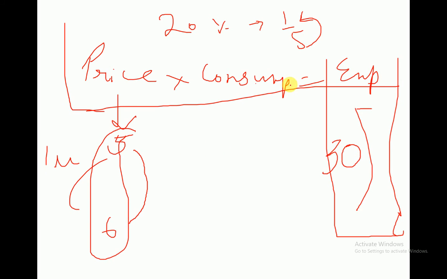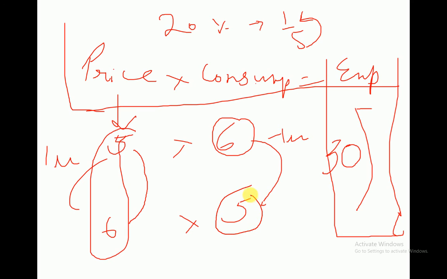In order to get to 30 we have to multiply this with 6 and 5 over here. So the change in consumption is a decrement of 1 unit. Okay, 1 unit has been deducted from 6, and then we get 5 to make the expenses constant. So now the percentage change would be 1 by 6.